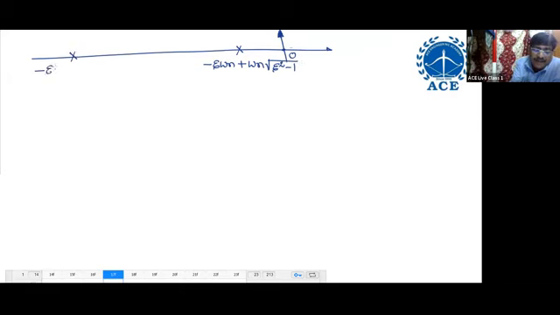The other pole is minus zeta omega n minus omega n root of zeta square minus 1. The pole which lies near to the imaginary axis is called the dominant pole.